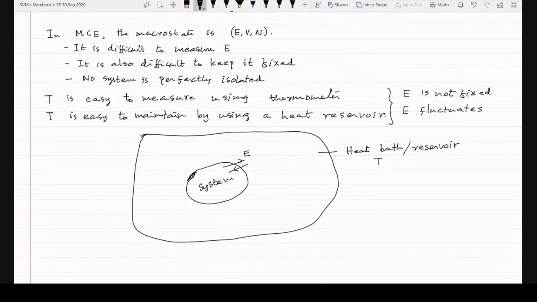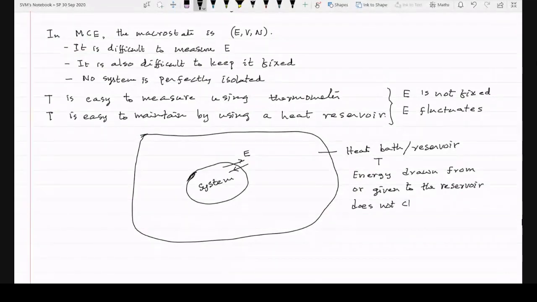That means energy drawn from or given to the reservoir does not change its temperature.